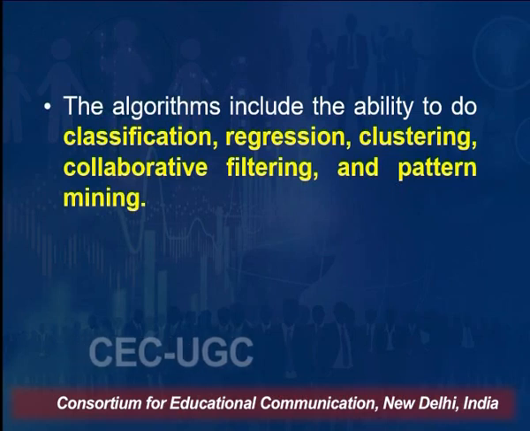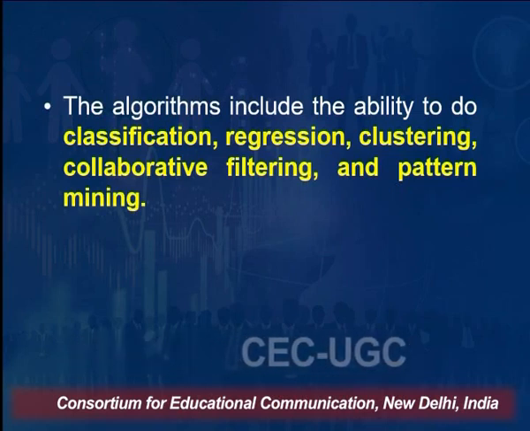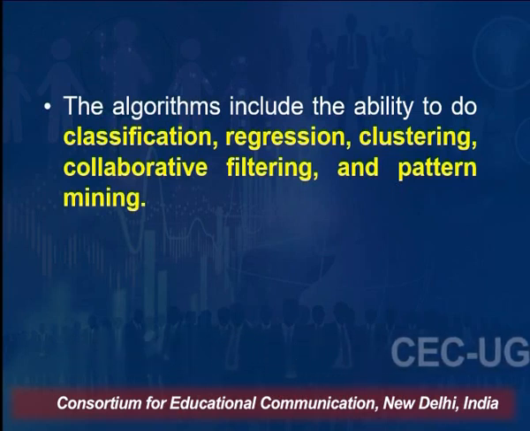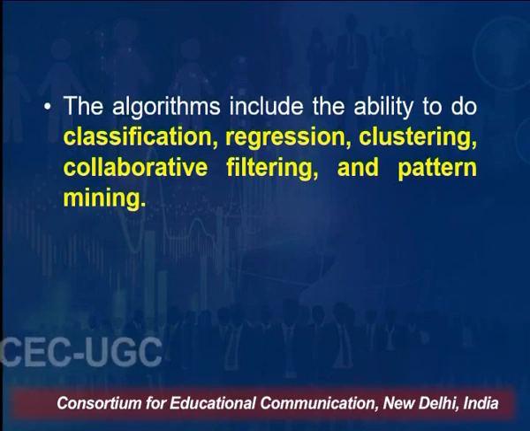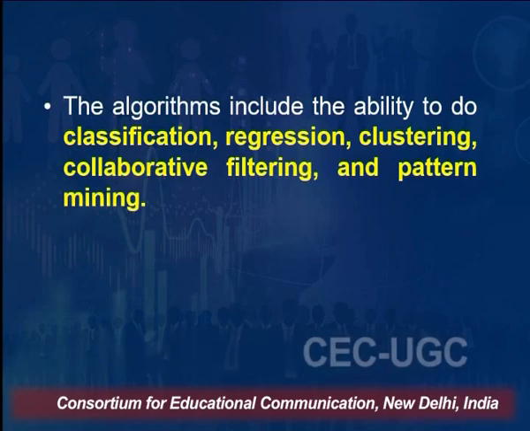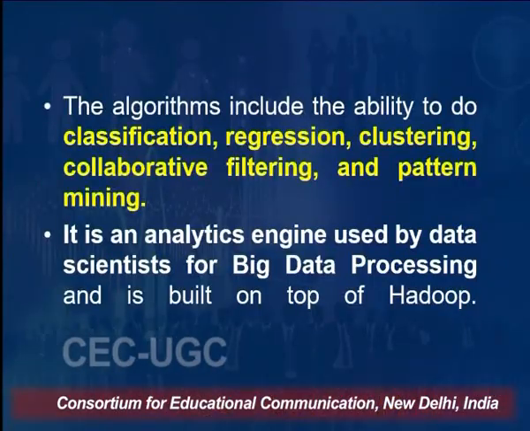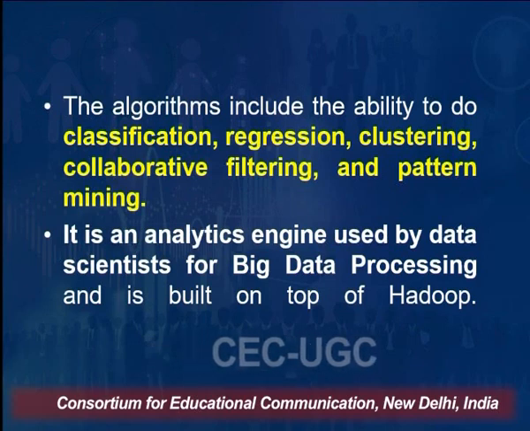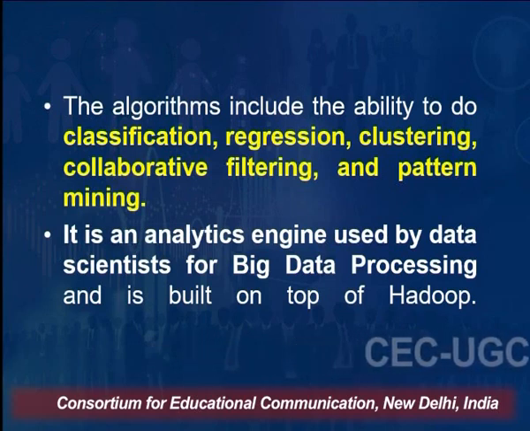The algorithms in it include the ability to do classification, regression, clustering, collaborative filtering, and pattern mining. We were earlier talking about data mining, now we talk about pattern mining. It is an analytics engine used by data scientists for big data processing.